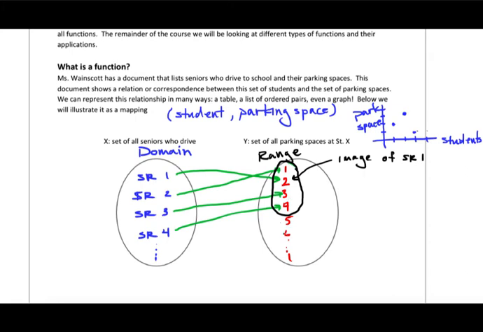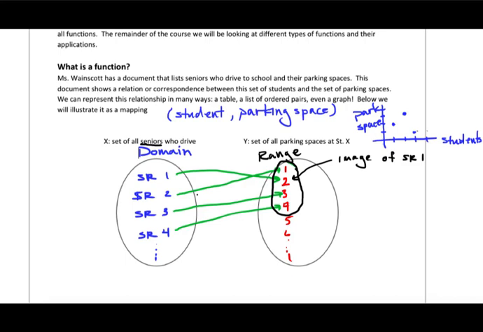These could be assigned to seniors, but remember we have other people parking on campus besides just seniors: juniors, faculty, and staff park on campus. So the range is going to be the set of all parking spaces assigned to seniors. We could have some things in the set of all parking spaces that aren't technically in the range, but this relationship here is a function.